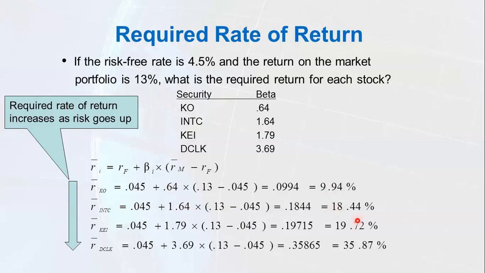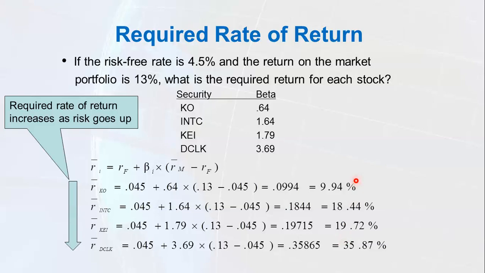Now you see here the required rate of return increased to 18.44%. Another company, this KEI, has 1.79 beta. So the return should be 19.72. Everything else is the same. And this other security has a beta of 3.69. So the required rate of return on this security is 35.87.